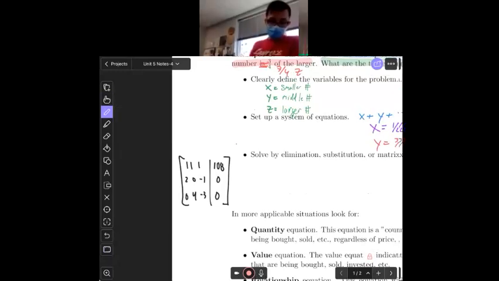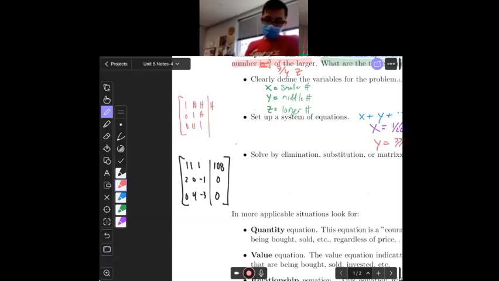Always good to have our key, our map, our goal, right? If we're trying to get into reduced row echelon form, what's that supposed to look like? 1, 1, 1, 0, 0, 0, whatever in the rest. We need that diagonal of 1s.